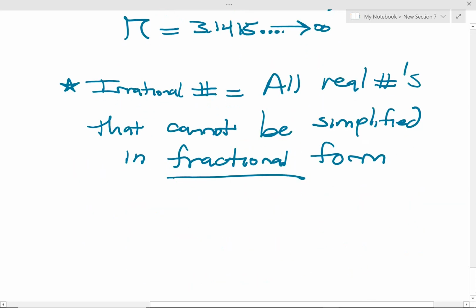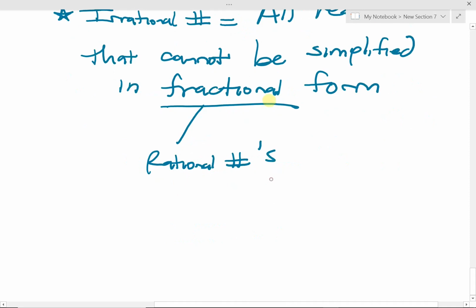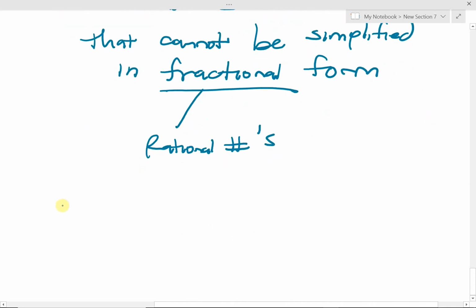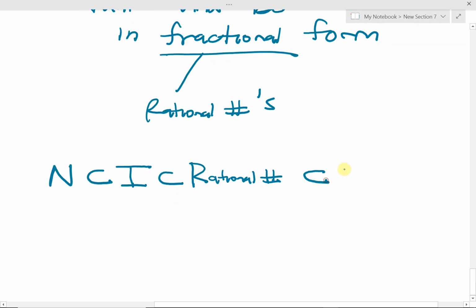Notice I wrote fractional because that is rational numbers. And notice how we have natural numbers, which we know are a subset of integers, which are a subset of rational numbers, which are again a subset of real numbers. This is called the real numbers.